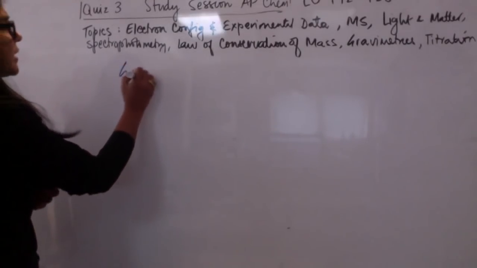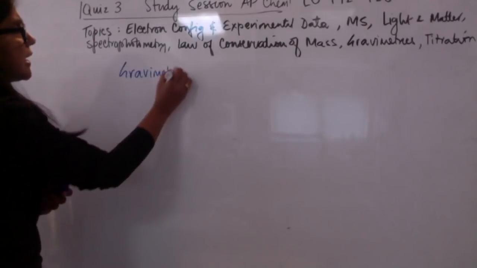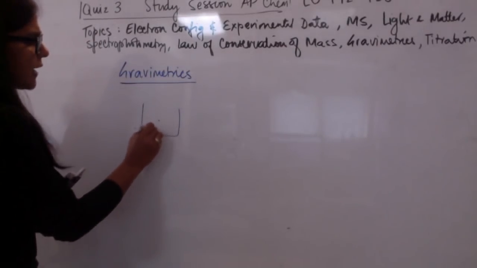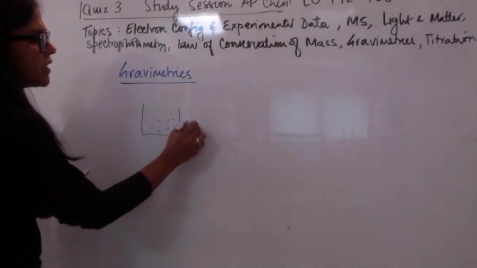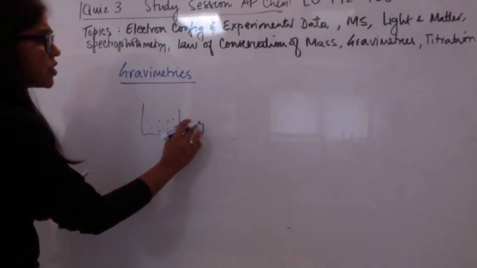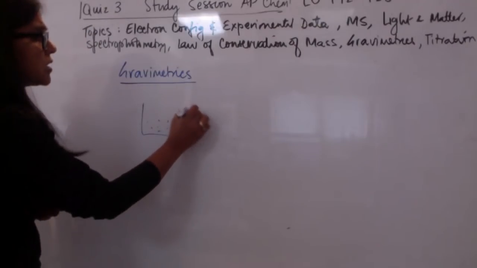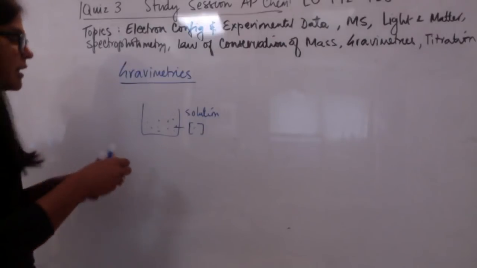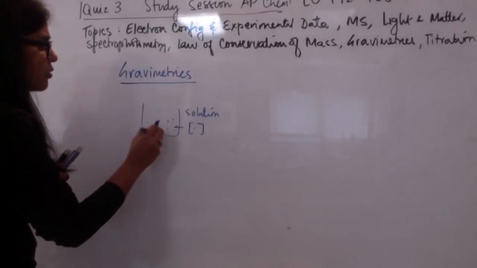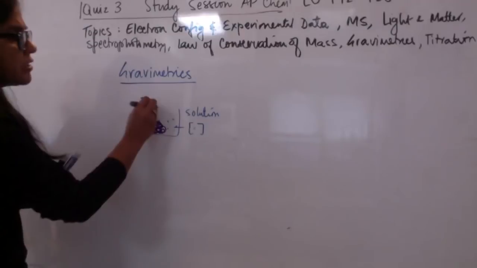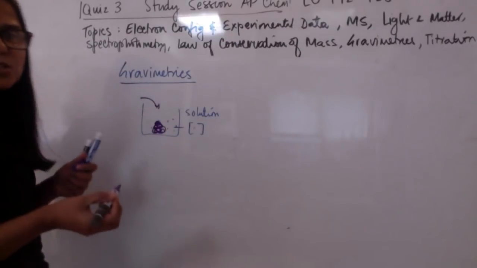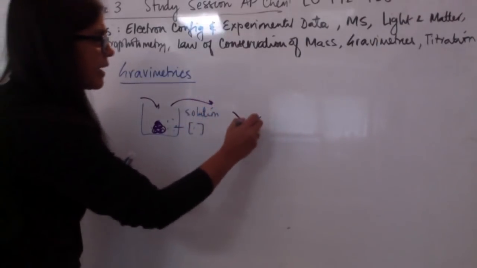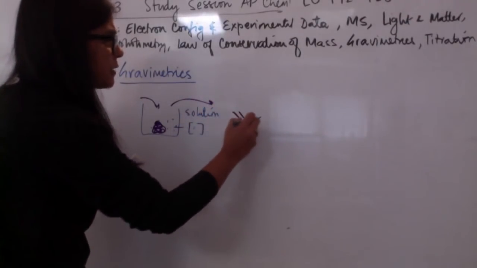The next topic is gravimetrics. Gravimetrics is when you want to find molarity or amount or grams of something in a solution. How you find it is you precipitate it out by adding a certain reagent that will precipitate that species you're interested in, and then you pour it through a pre-weighed filter paper.